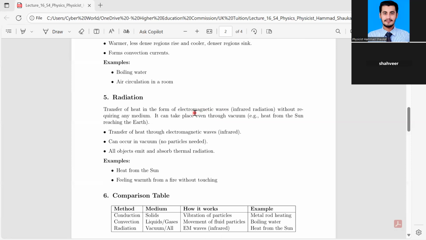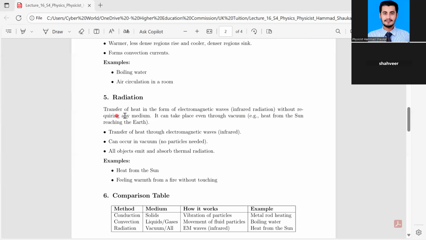Every light in the universe is an electromagnetic wave, and this electromagnetic wave is called radiation. Some examples are infrared radiation, ultraviolet radiation, visible radiation, X-ray radiation, and gamma radiation. These are all types of radiation.